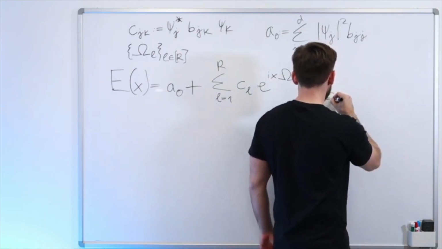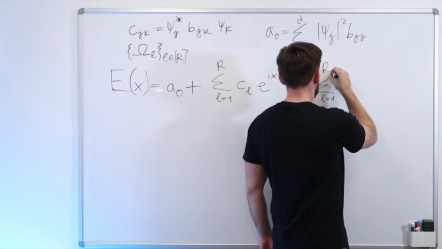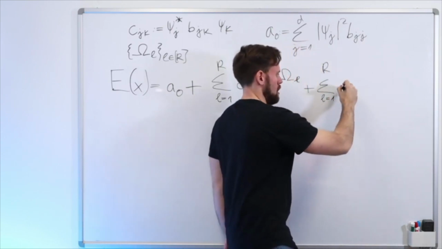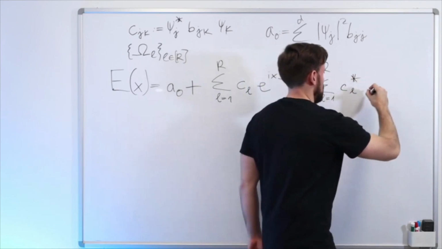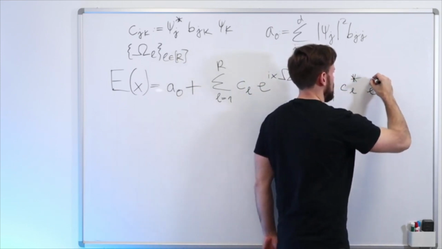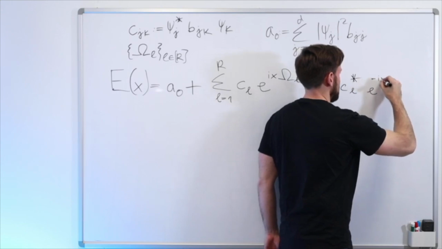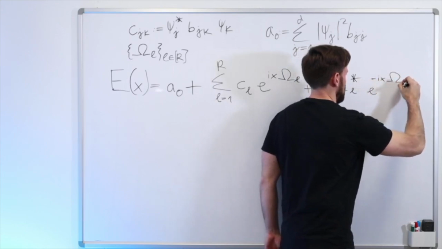So we will have another sum L equals 1 to R CL conjugate e to the power of minus ix omega L.